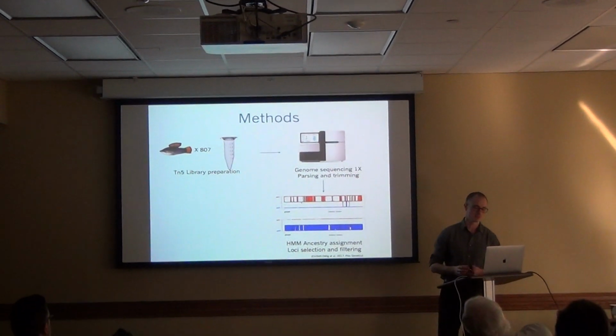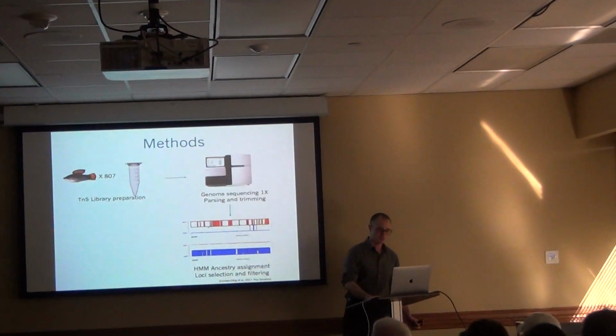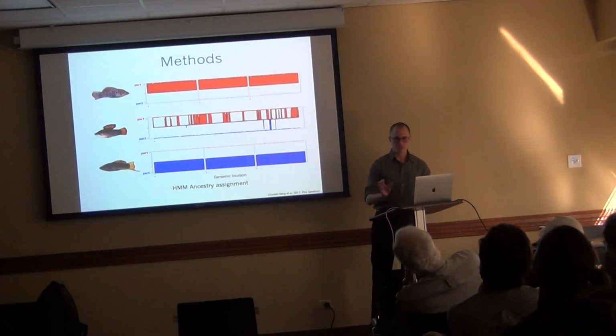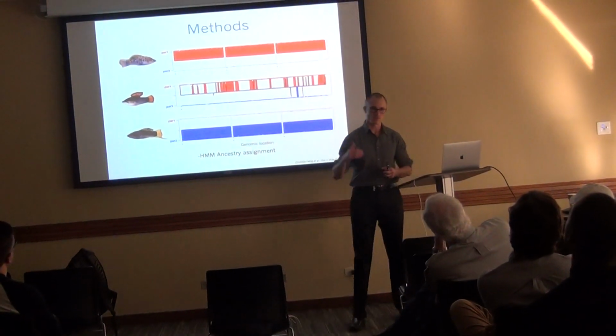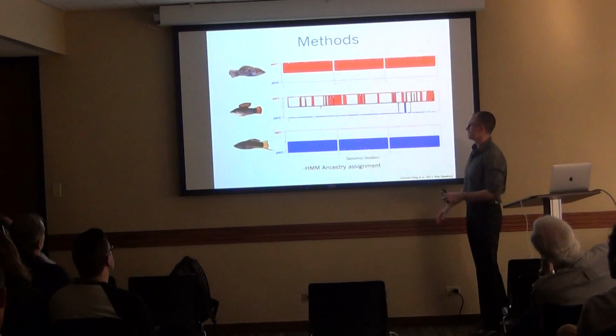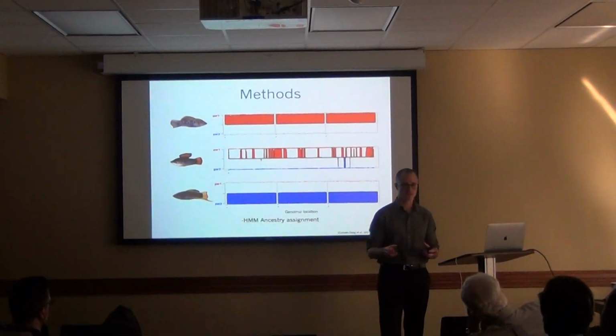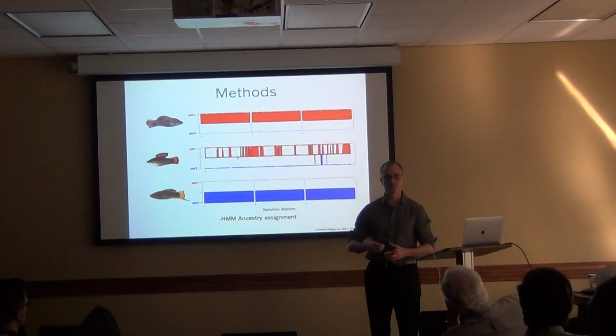So I used multiplex shotgun genotyping, which uses probabilities to tell me if a portion of the genome comes from one species or the other species or both. Basically, we have 2 reference genomes, one from each of the parental species.